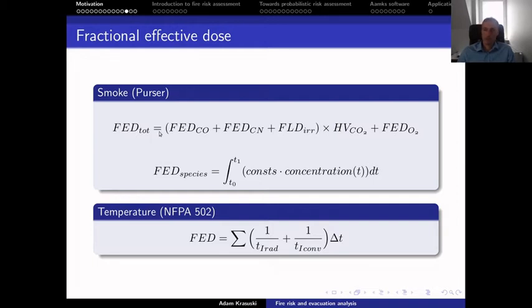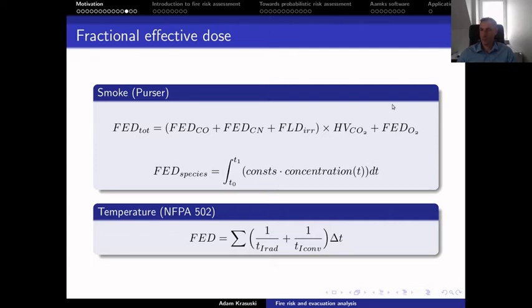Purser distinguished some toxicants in this effective dose and defined the fractional effective dose, which consists of the fractional effective dose of CO, so carbon monoxide, and, for example, of hydrogen cyanide and other gases.